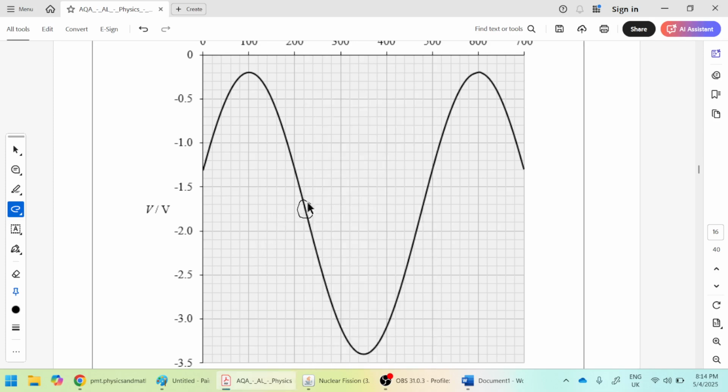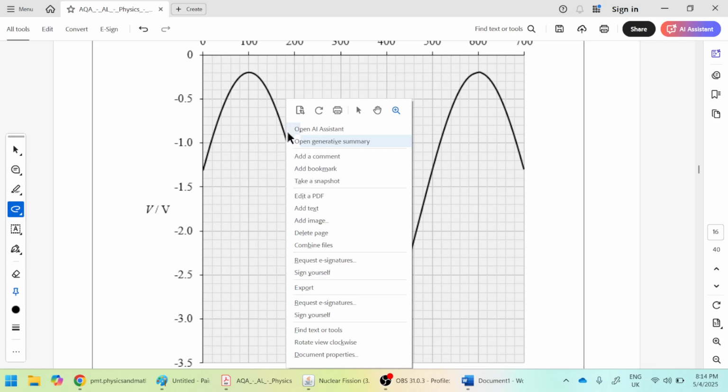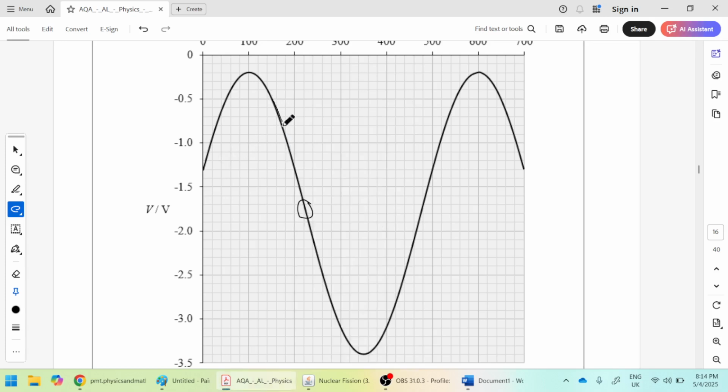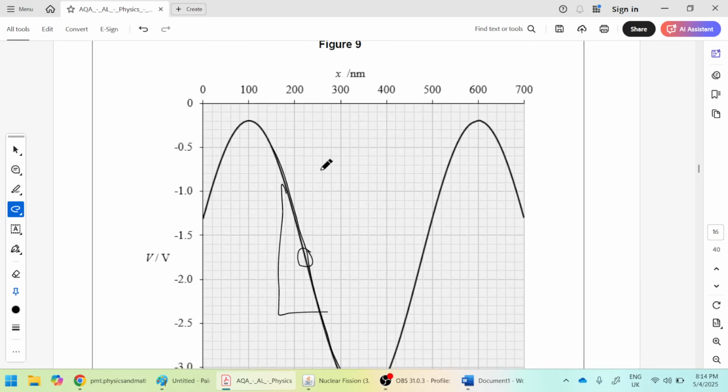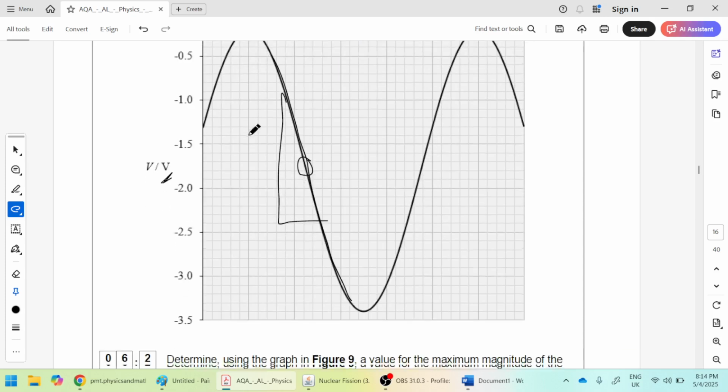Use that tangent with a ruler to find the gradient of the tangent. When you're using a graph to find gradient, make sure you pay attention to the units, because you can see here this one is not a SI unit. You need to convert it to SI units, otherwise you're going to get a wrong answer.